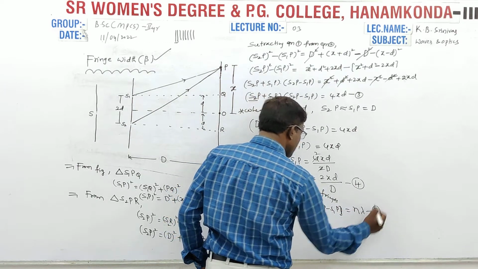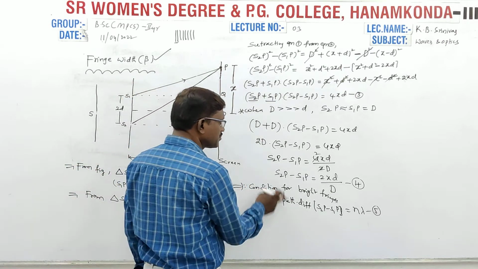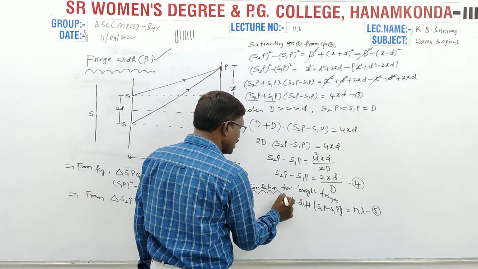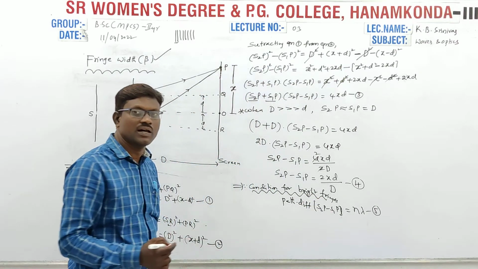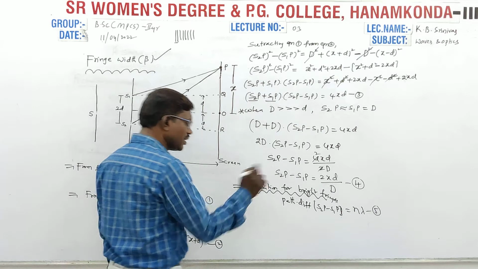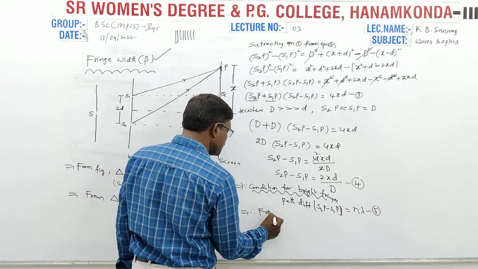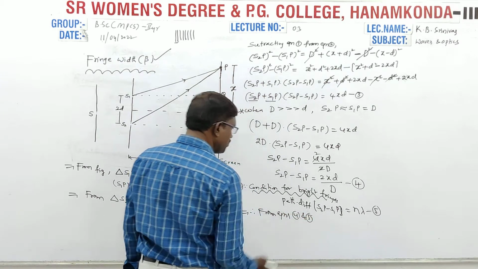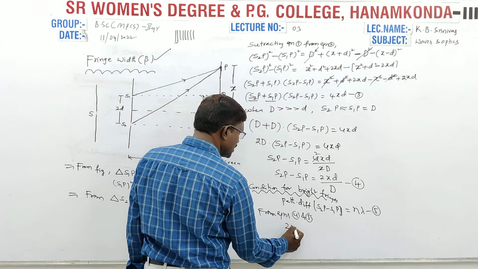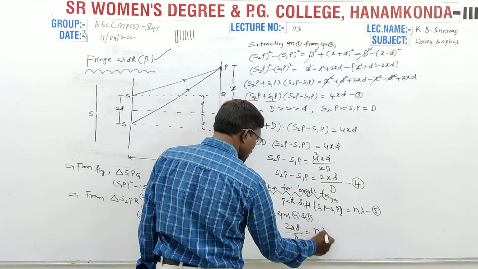We get bright fringes. See equations 4 and 5. The LHS of equation 4 and the LHS of equation 5 are equal, so you can equate the RHS. From equations 4 and 5, I am simply equating the RHS of equation 4 to the RHS of equation 5.